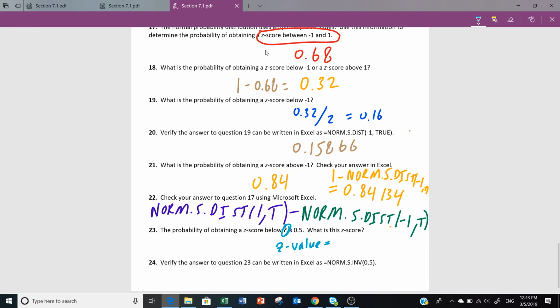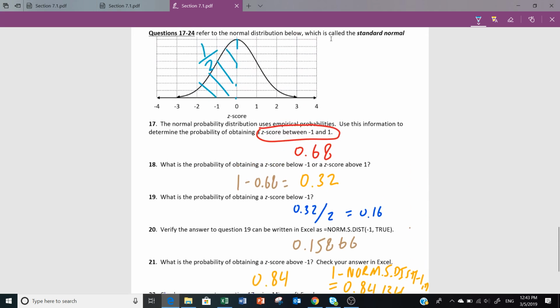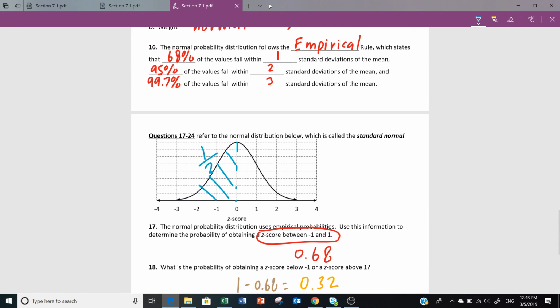Okay, we're looking for that z-value where we know the probability to the left or the probability below is 0.5. If we look at that z-value where to the left is half the probability, that's this z-value here.